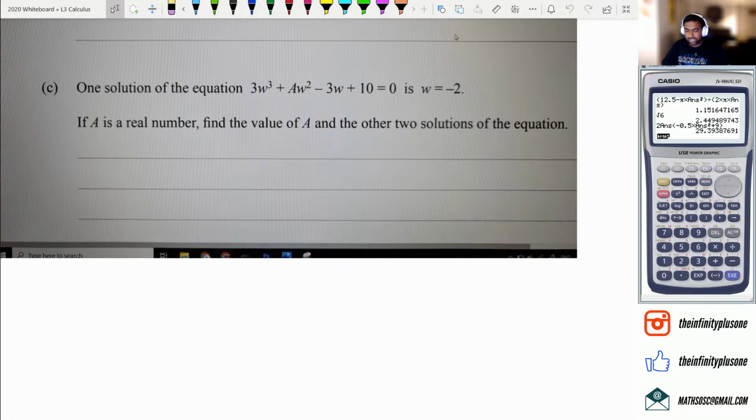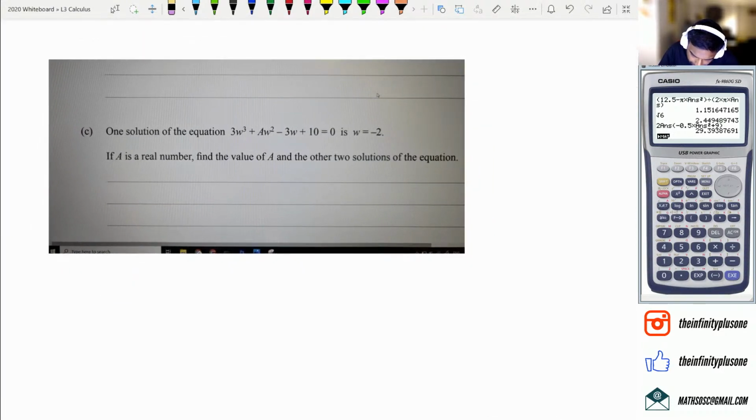All right, let's have a quick look at this question. We've got to figure out what A is. The first part tells you that one solution to this equation, this is complex, is given. So your first part is to figure out the A value. All you have to do is substitute -2 in straight away as w.